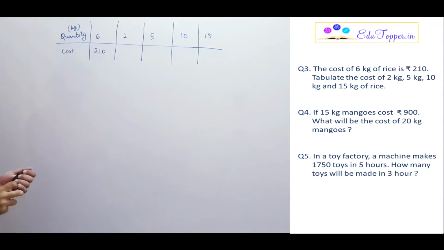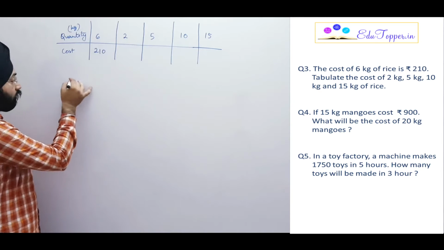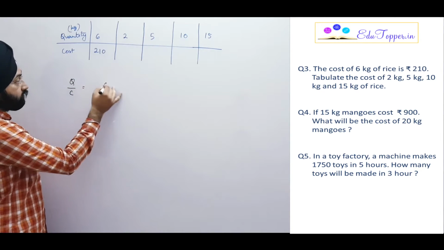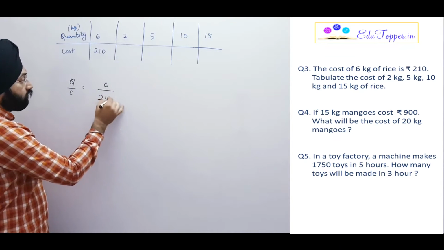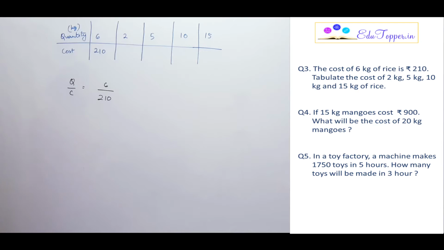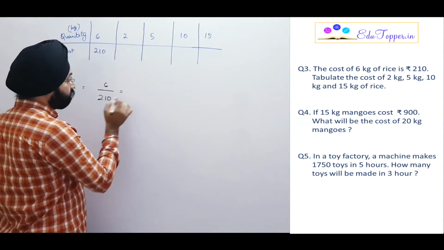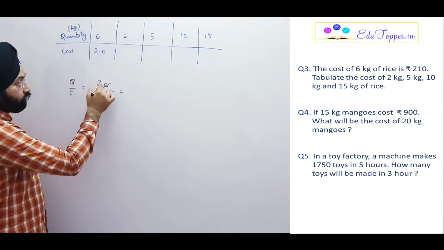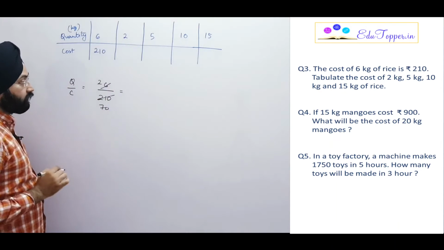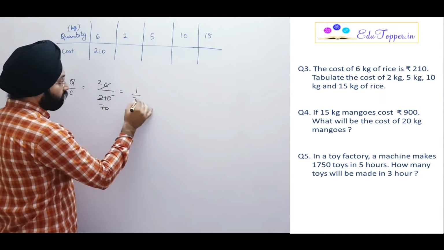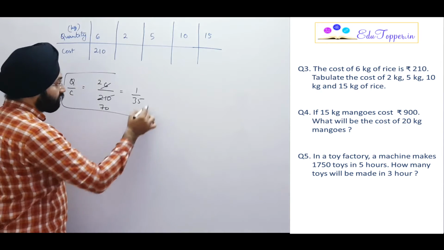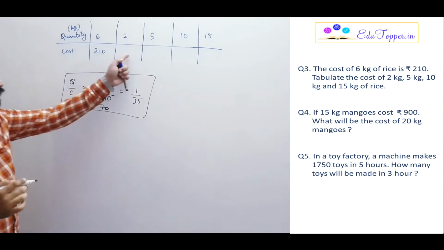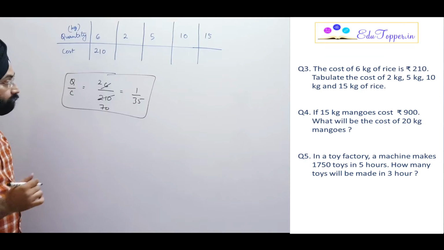Now, how do we solve it? Quantity by cost. One fraction we can find out from here. 6 by 210. Quantity by cost is 6 by 210. This simplifies to 3 2s are 6, 3 70s are 210 and 2 by 70 is nothing but 1 by 35. So this is the constant that we need to calculate with respect to all these values, right?